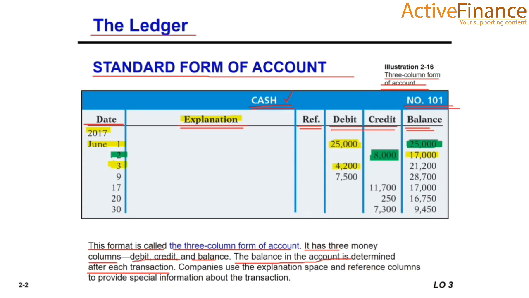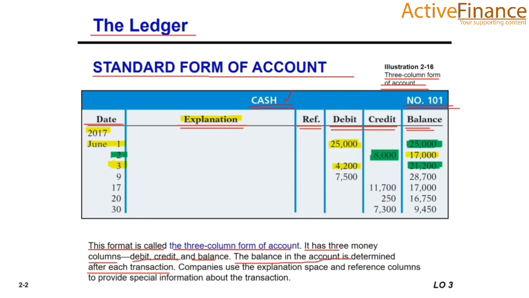So we will add the debited amount to the balance of the last entry, which was 17,000. So we will add 4,200 to 17,000, so it will become $21,200.